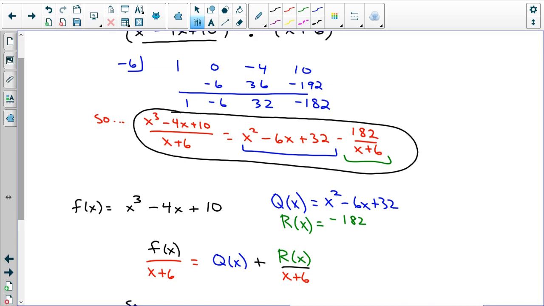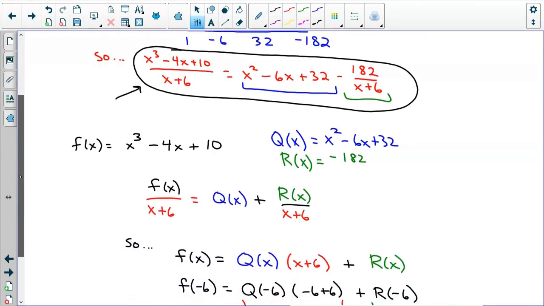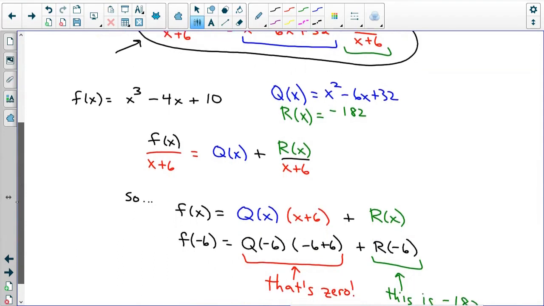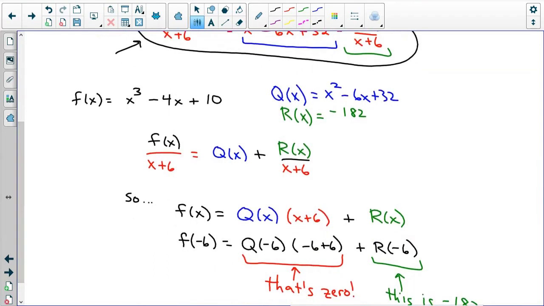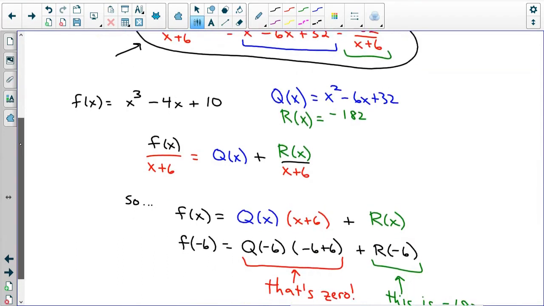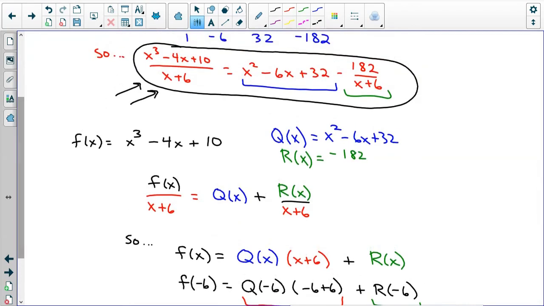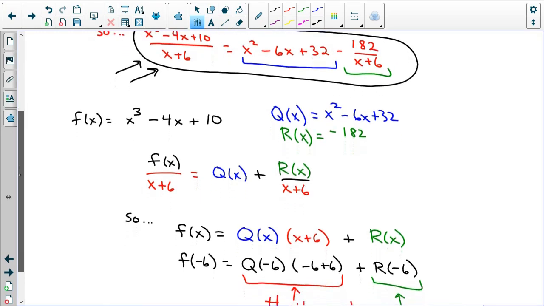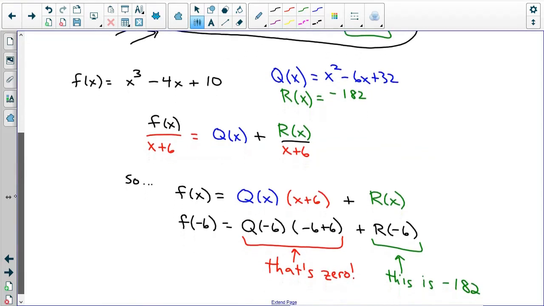That part's the remainder. So if I multiplied through by x plus 6, I would take this entire equation, multiply through by x plus 6, and I would get x cubed minus 4x plus 10 equals the blue part, q of x, times x plus 6 plus negative 182.